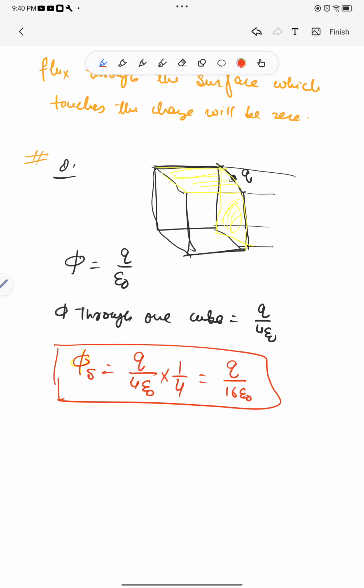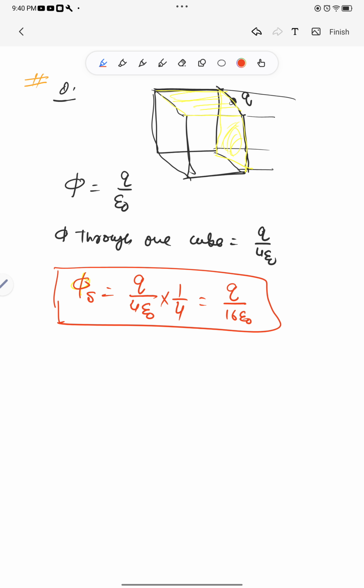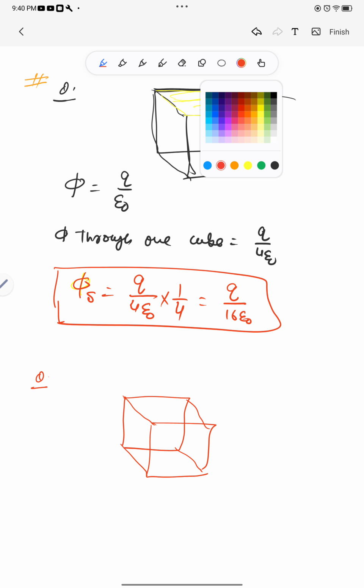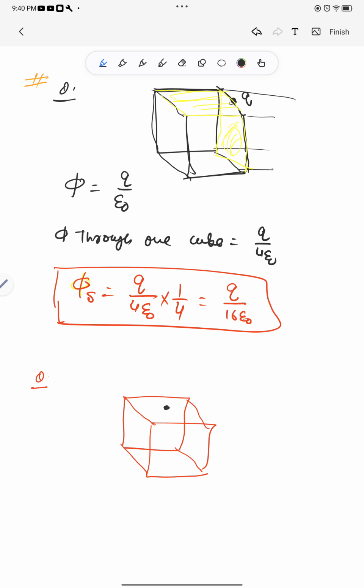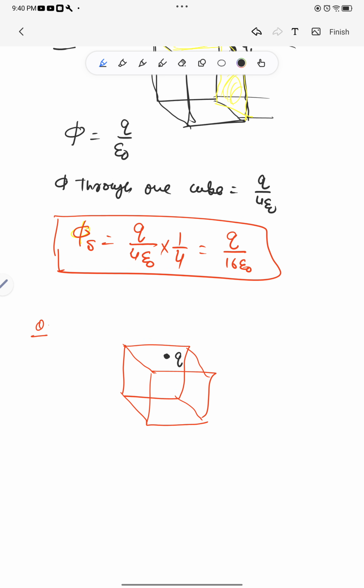Okay. Now, if you want to calculate the flux when the charge is at the center of the face, that means this charge Q is at the center of the face, then to cover this charge a total of two cubes will be required.